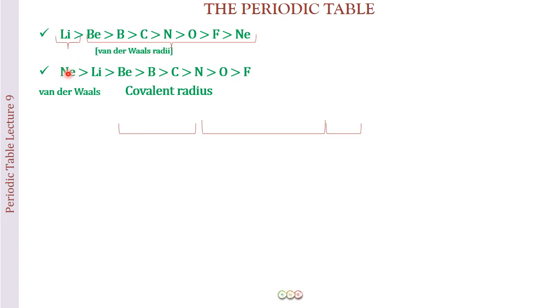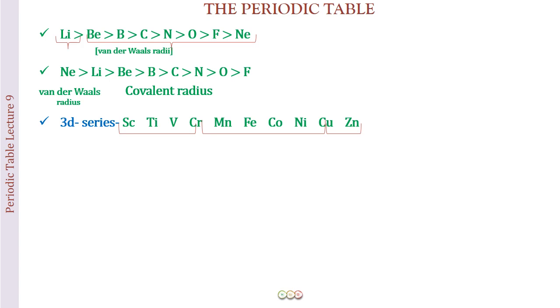Neon is going to have the largest size because the van der Waals radius is larger than the covalent radius, and for the rest of the elements lithium is going to have the largest radius going up to fluorine. So I hope this is clear, what is going to be the order when we consider van der Waals radius and what is going to be the order when we are considering the covalent radius for group 1 to group 17 elements. Okay.